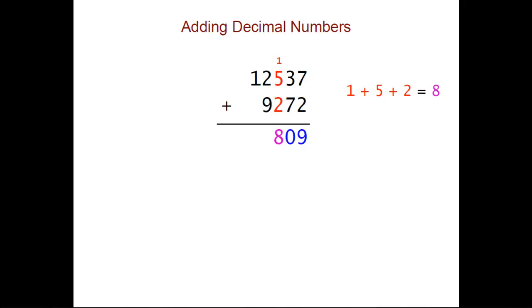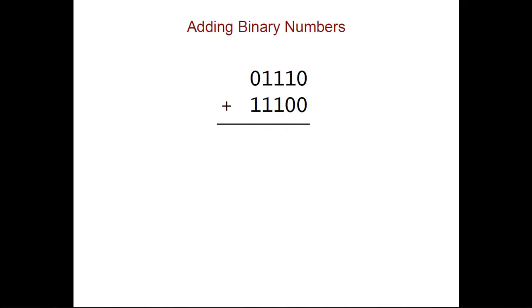That carry bit gets added to the 5 and the 2 to give us 8 for the hundreds digit, then the thousands digit, and here again we're getting a carry because 2 plus 9 is 11, so you put the 1 and you carry the 1, and then finally that carry bit gets added to that final 1 to give us 2. We're going to do the same thing with binary numbers.